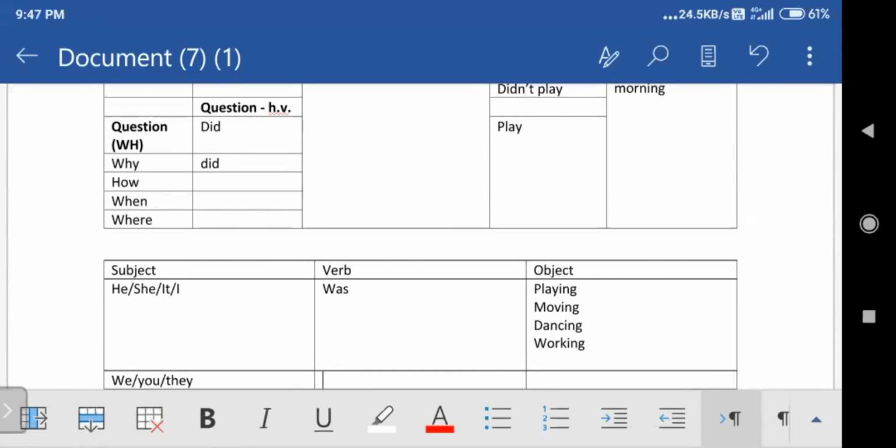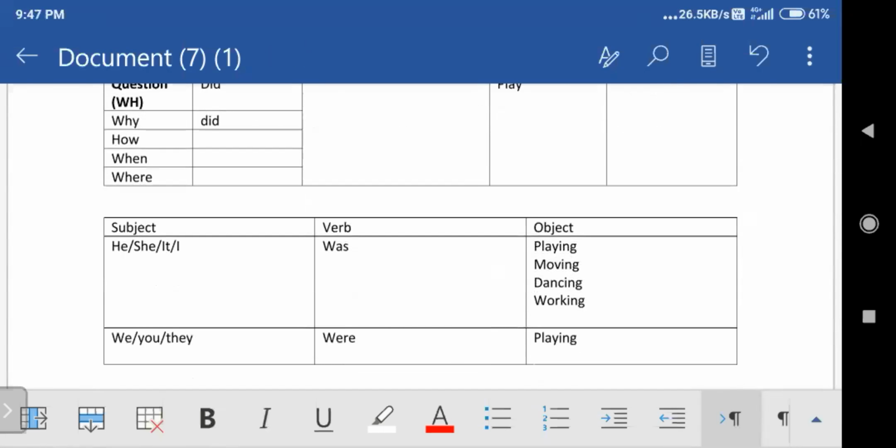And for them, we use were. This is what you got to remember. And then the rest of the objects are pretty much the same. Again, I can write them down: playing, moving, etc. That's what we're going to look at today.